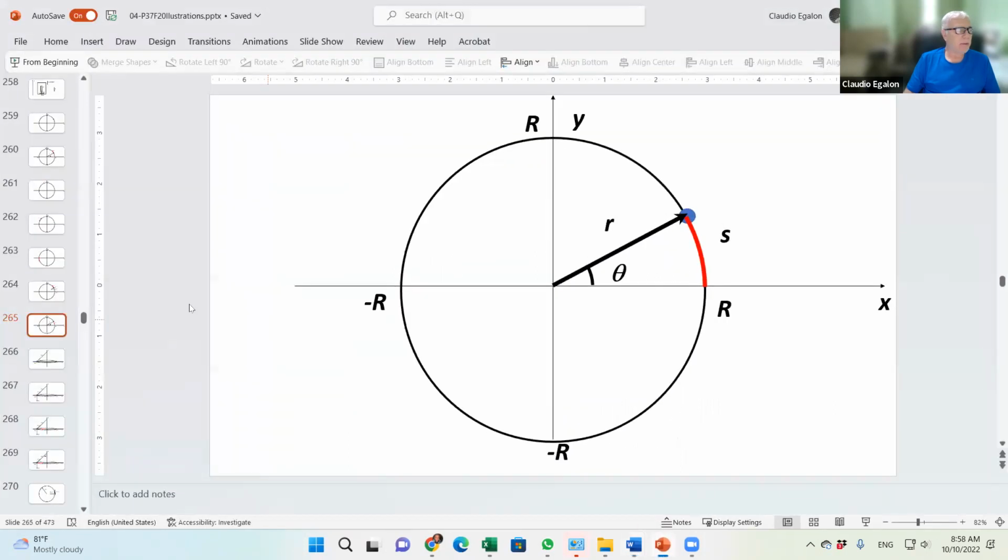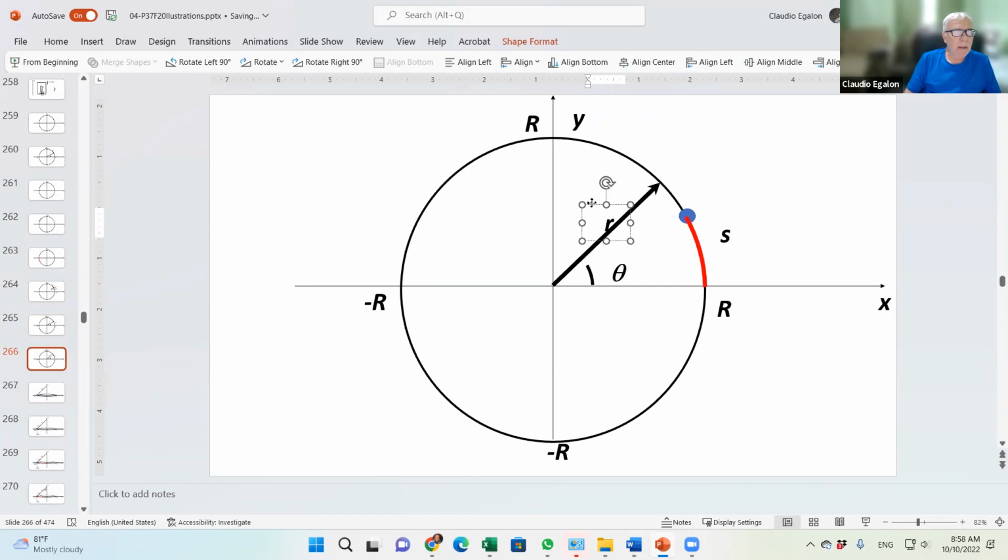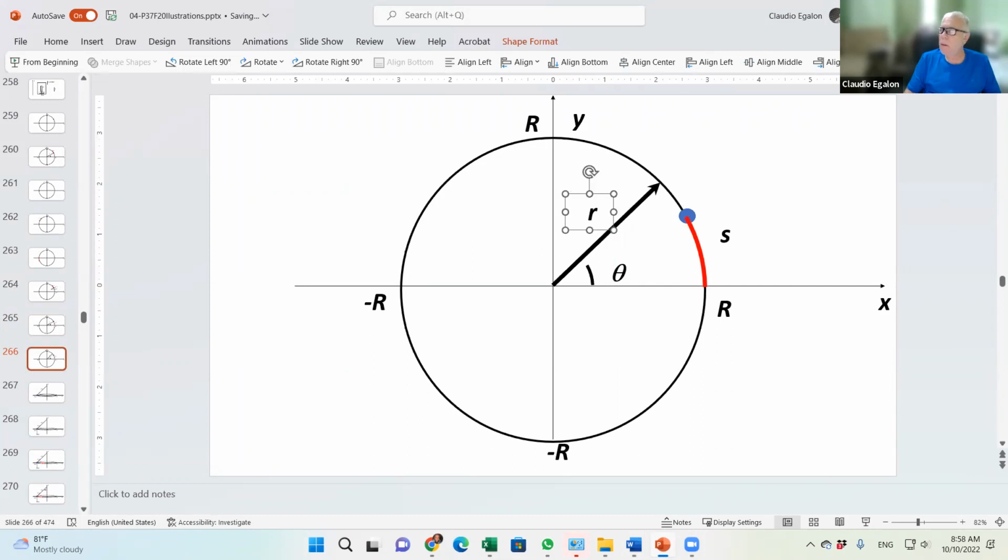And this s here is increasing as time goes by, right? A little bit later on, the particle is going to be here, so the angle theta is going to increase.